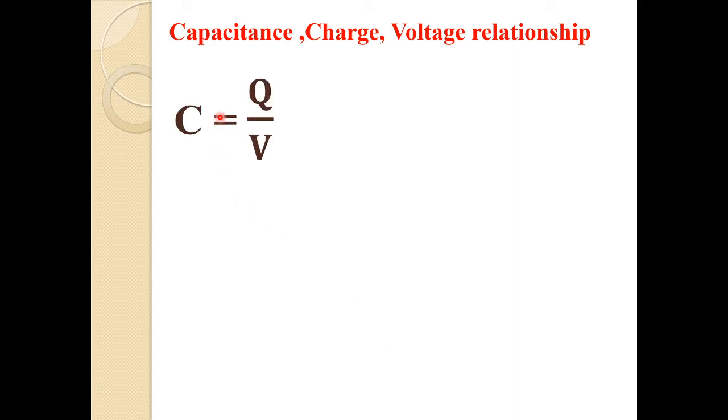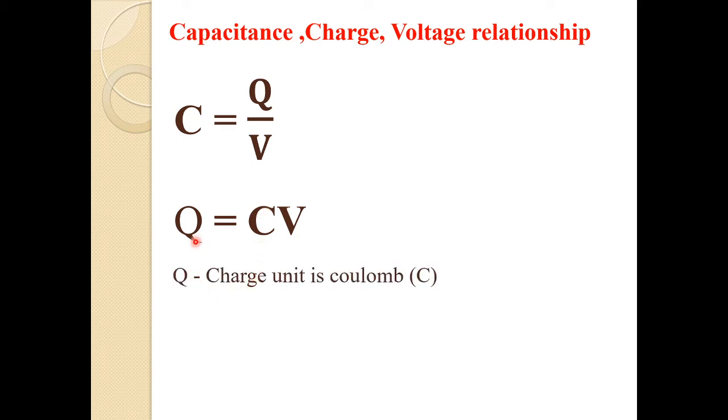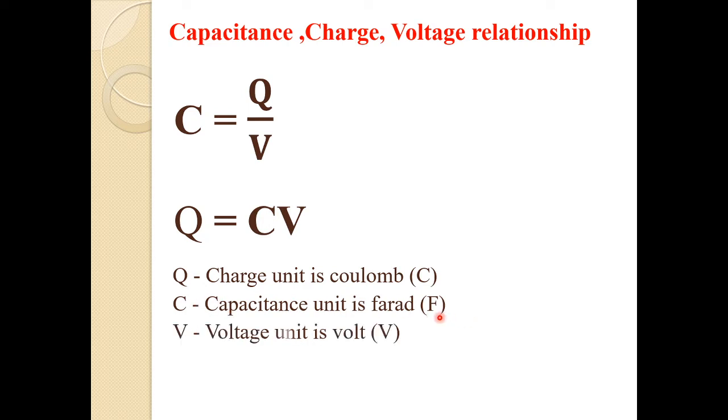As we defined, the charge stored per voltage applied is C equals Q over V, and Q is C times V. Here C is the capacitance, Q is the charge in unit coulomb, which is also capital C, and capital C in the relationship symbolizes the capacitance, where the unit is farad, and V is voltage, unit volts.